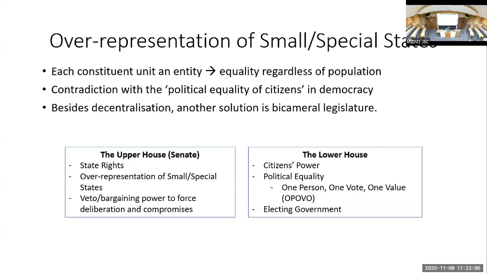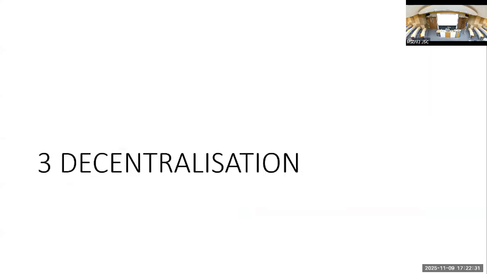If we have 2 chambers, the purpose is for the lower house to decide the direction of government, starting from electing government. It is comparable to the fuel in your car. You press the accelerator, so the car would move, and the upper house is your brake. So this is why we want to give overrepresentation in the upper house.